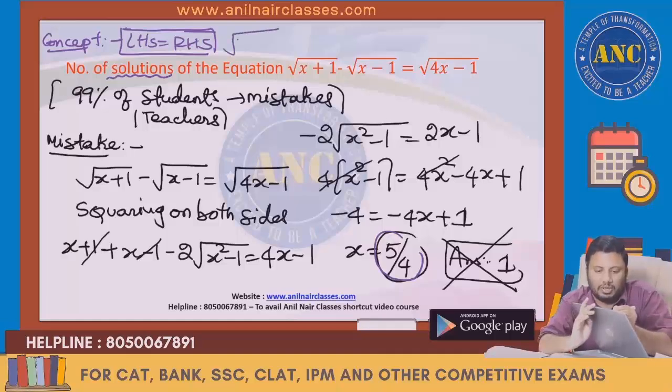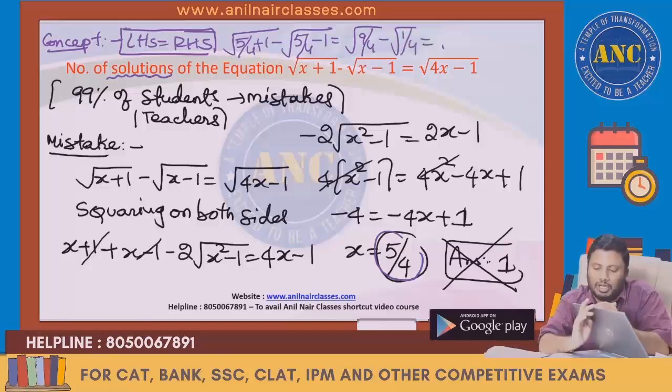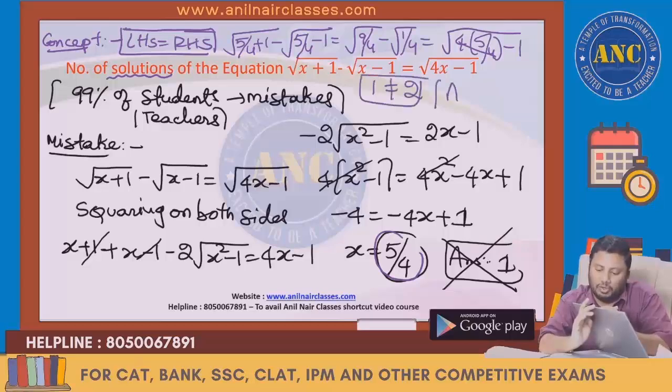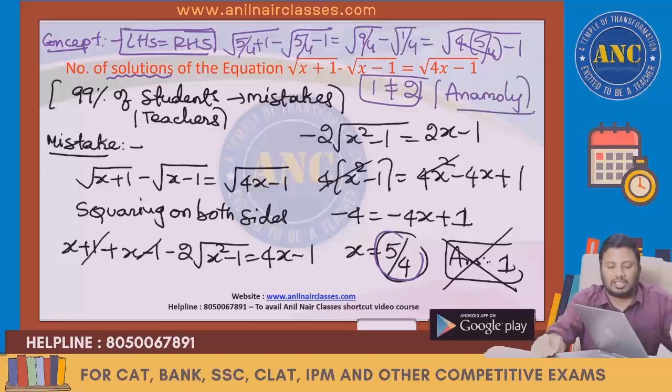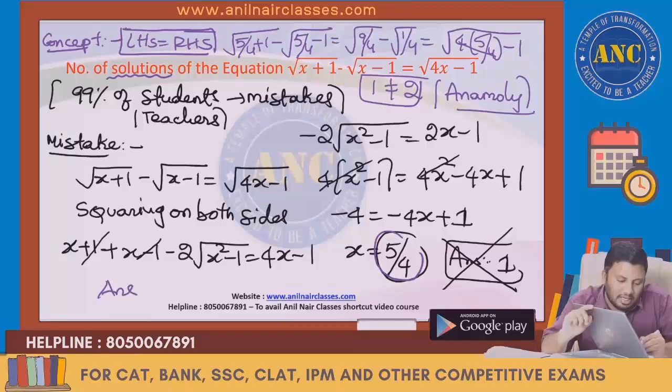If I substitute 5 by 4, 5 by 4 plus 1 minus of 5 by 4 minus 1, which is root of 9 by 4 minus root of 1 by 4 equivalent to root of 4 into 5 by 4 minus 1. 3 by 2 minus 1 by 2, 1 equivalent to 2. 1 is not equivalent to 2. This is an anomaly. Anomaly means the answer is not satisfying the question. Answer is no solution. Please write down.